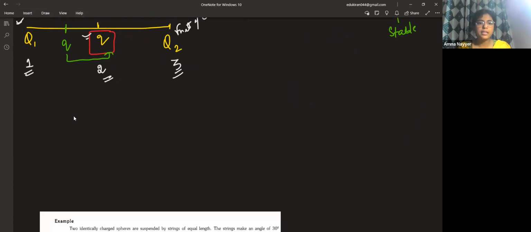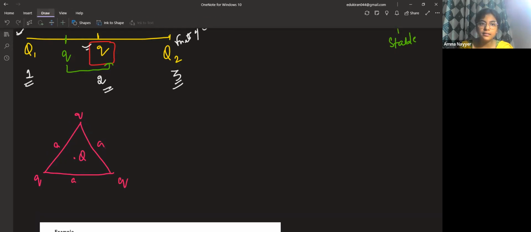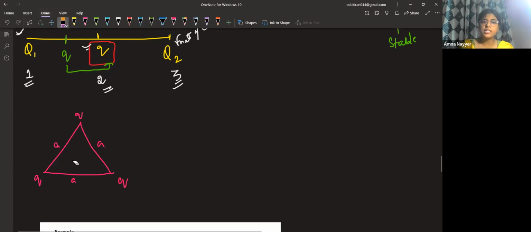Suppose a triangle is given to you. This is plus Q charge. 3 charges are present. And let's say the side is symmetrical. If this charge wasn't present at the center, suppose this was the question given to you, and at the center O, I was asking you the net force.